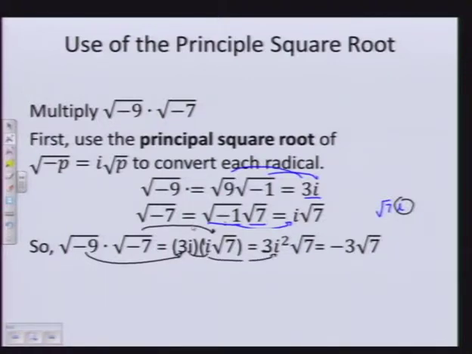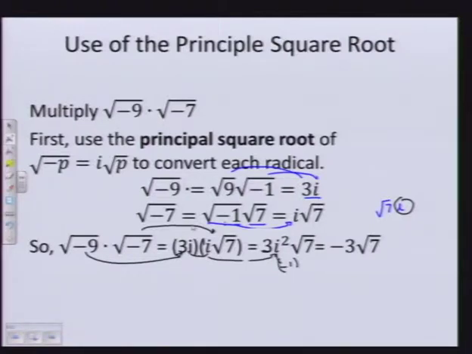And we bring through that square root of 7. So we'll have 3i squared times the square root of 7. And once again, that standard procedure: we see an i squared, we convert that to -1, and so we have 3 times -1 gives us -3 square roots of 7.